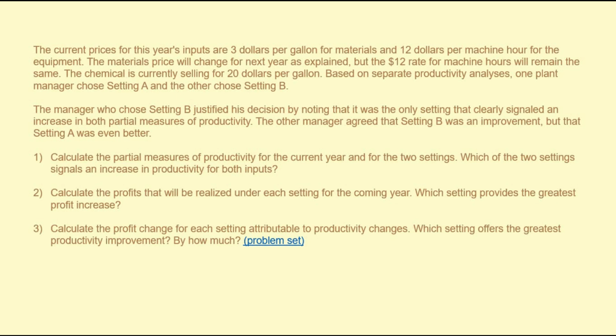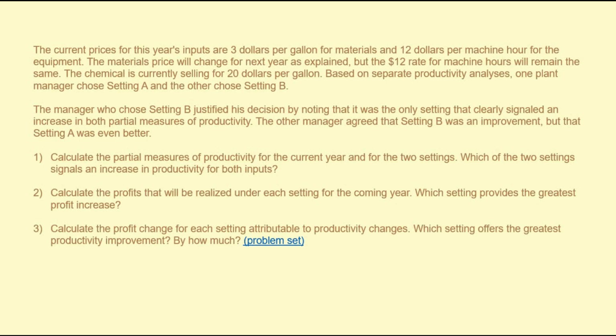The current prices for this year's inputs are $3 per gallon for materials and $12 per machine hour for the equipment. The materials price will change for next year as explained, but the $12 rate for machine hours will remain the same. The chemical is currently selling for $20 per gallon.